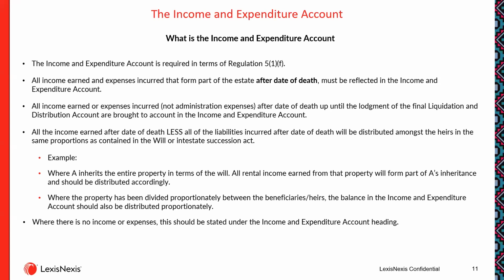Where that same property has, for example, been divided proportionately between the beneficiaries, the balance received from that property in our income and expense account will be distributed proportionately between those beneficiaries.